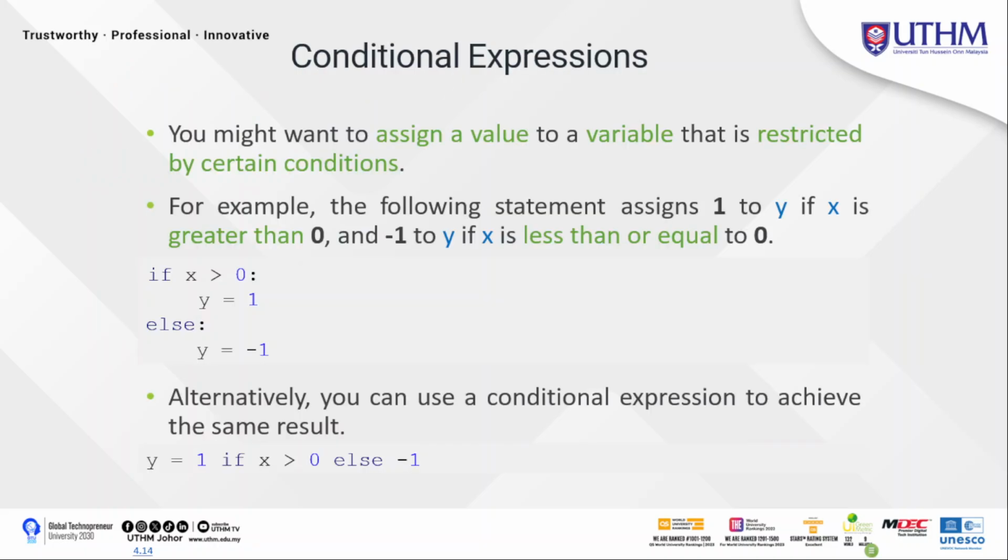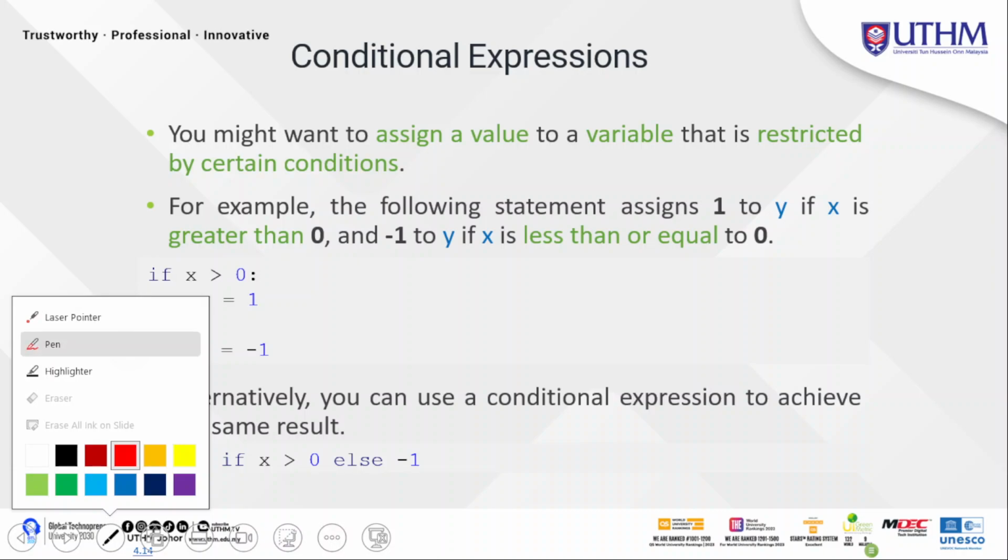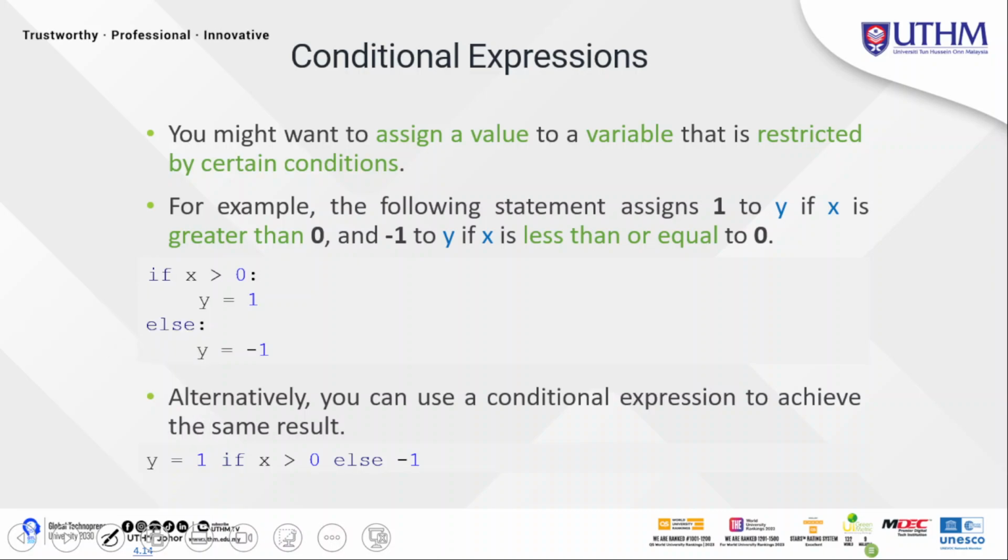Conditional expression. You might want to assign a value to a variable that is restricted by certain conditions. For example, the following statement assigns 1 to y if x is greater than 0, and negative 1 to y if x is less than or equal to 0.